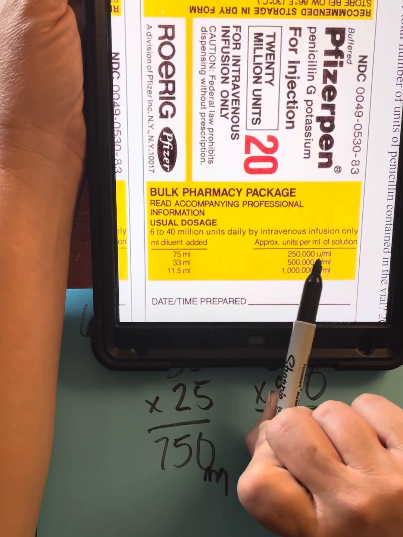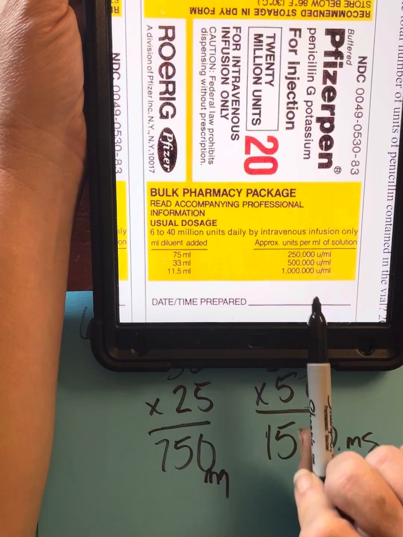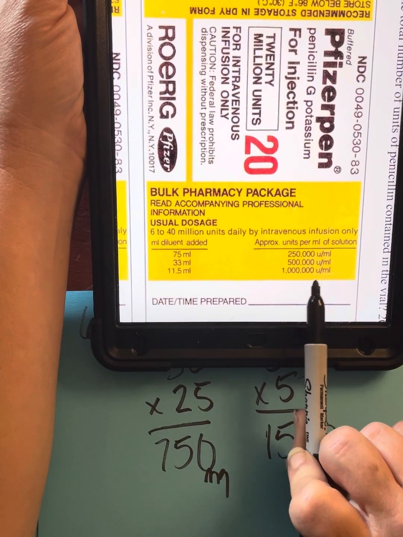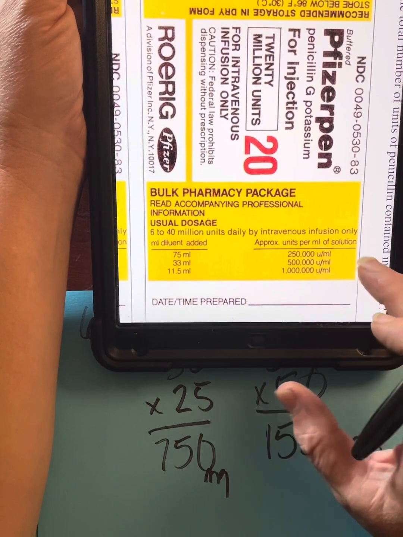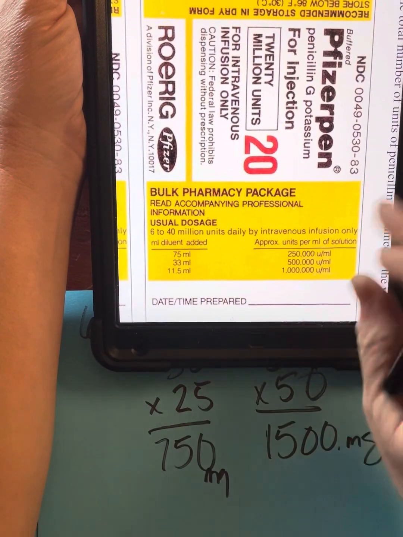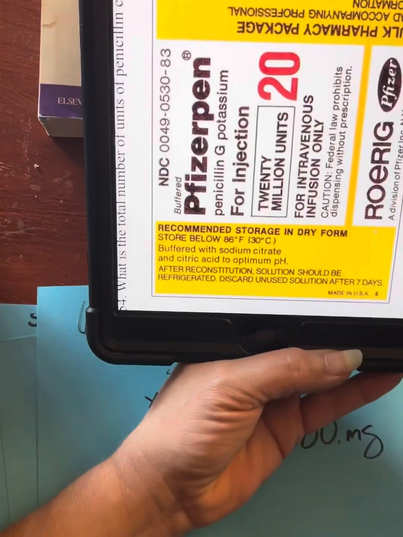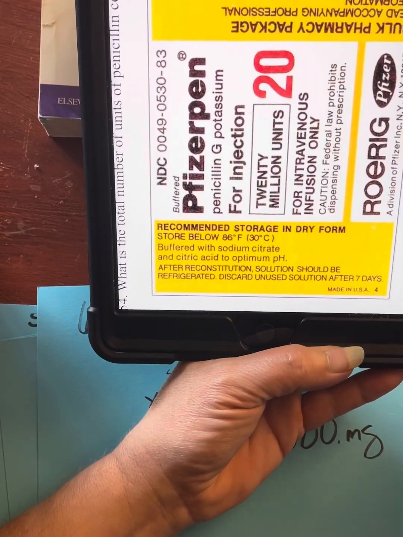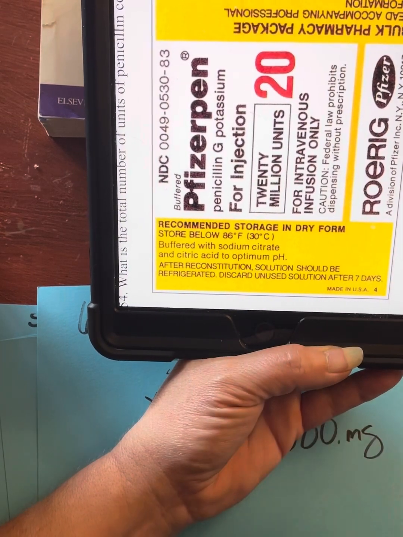And here's the thing, you can make it whatever strength you want. You can have 1 million units per milliliter, 500,000, 250,000, depending on how much you put in there. What does it say over here? Recommended storage. Okay, it doesn't say anything.